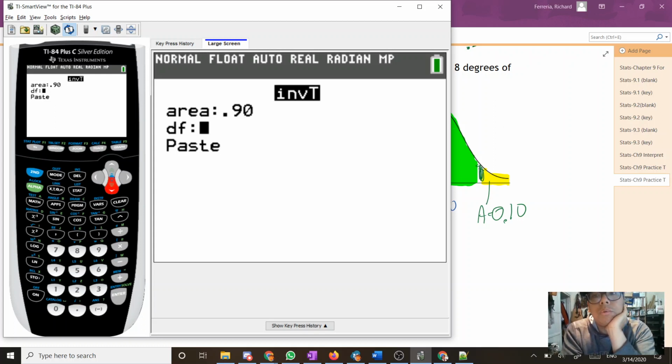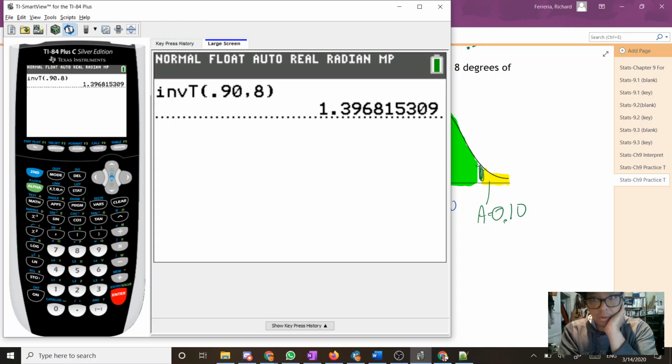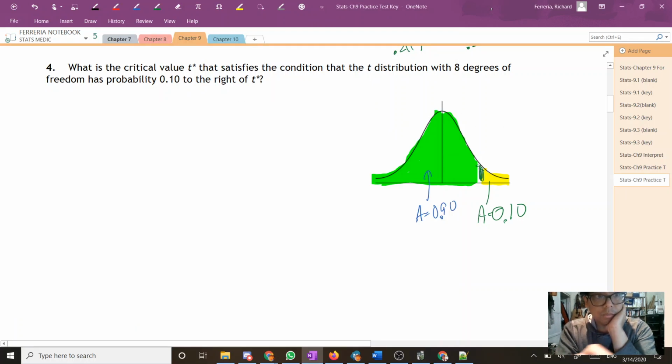Degrees of freedom, 8 degrees of freedom. All right. 1.397. So right over here, we got T equals 1.397. Okay, so that kind of answers the question there.